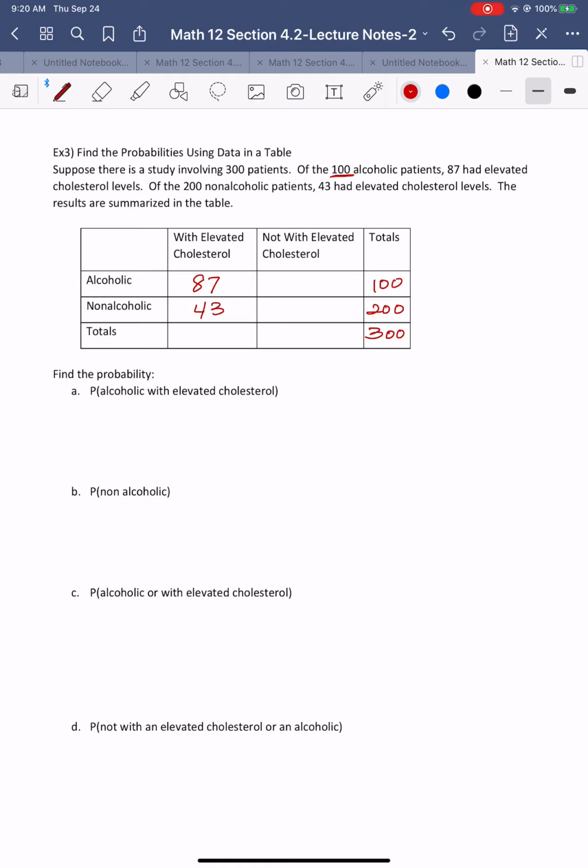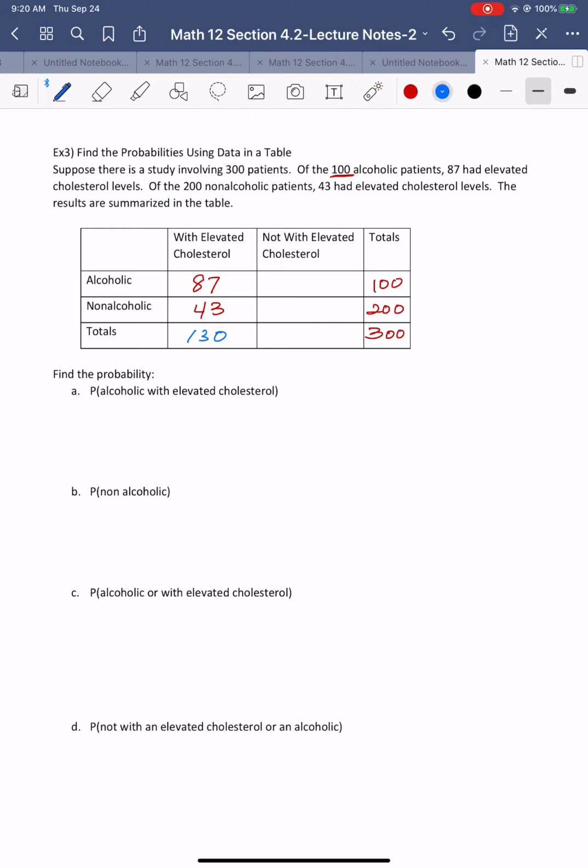Okay, now we're going to fill in the other blanks with the other information we have, okay? So if you add up the 87 plus 43, because that's the total of these two, it becomes 130. And then the sum of 87 and whatever this is going to be 100.